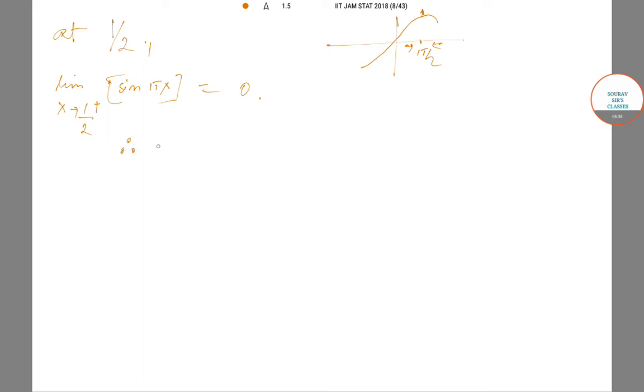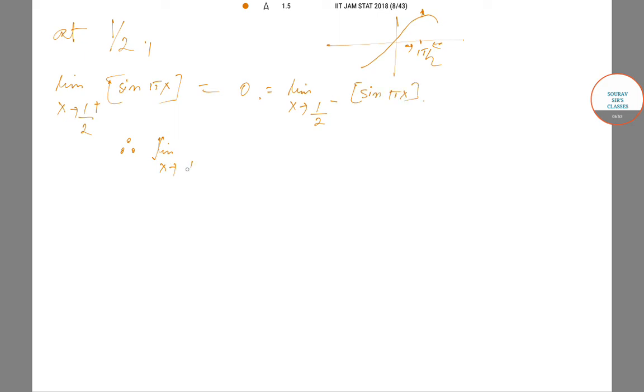Therefore limit x going to half, as I said, from the negative side as well, box of sine pi x is 0.